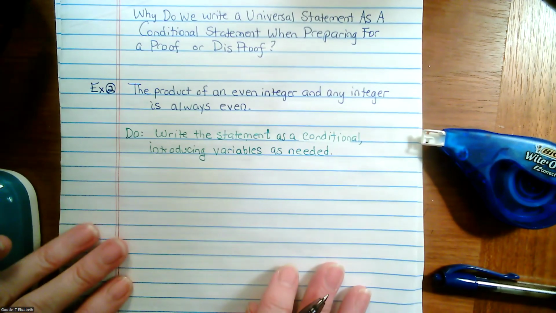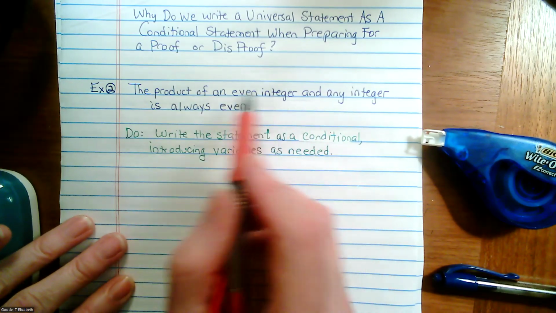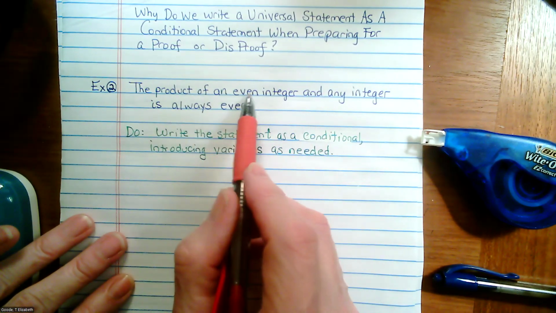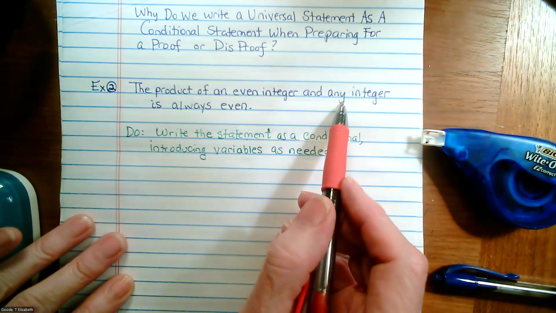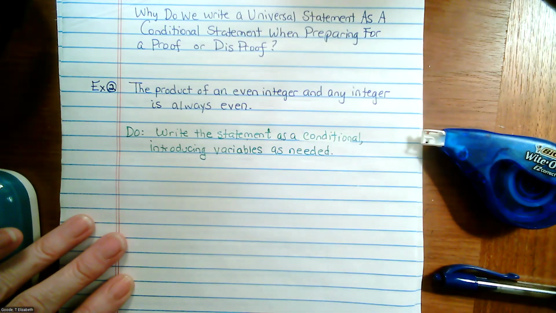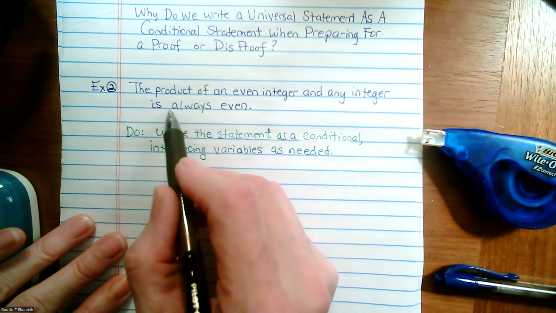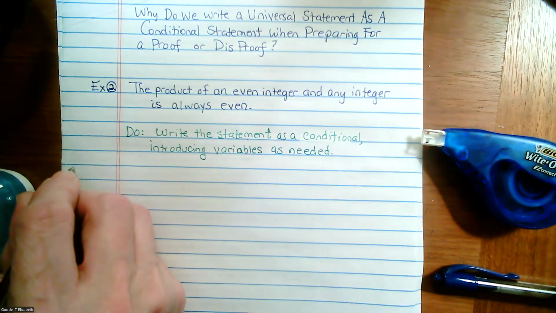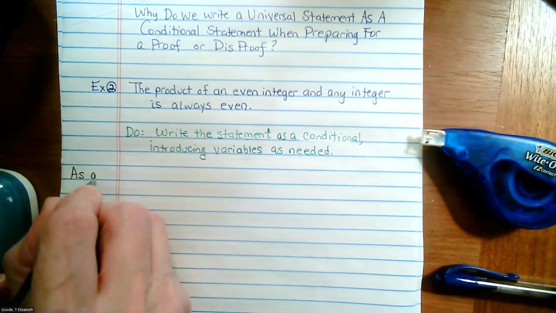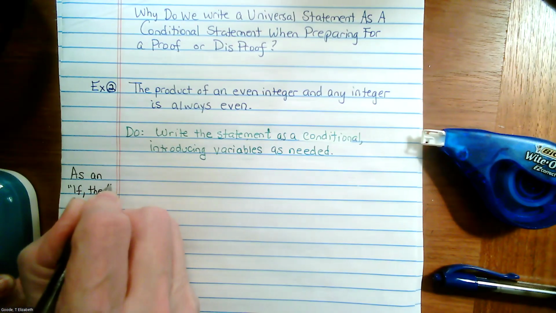This is talking about a product of an even integer and any integer at all. And it's saying that when we look at that kind of a product, that product is always even. So here we go. As an if-then, this is our good step 1.